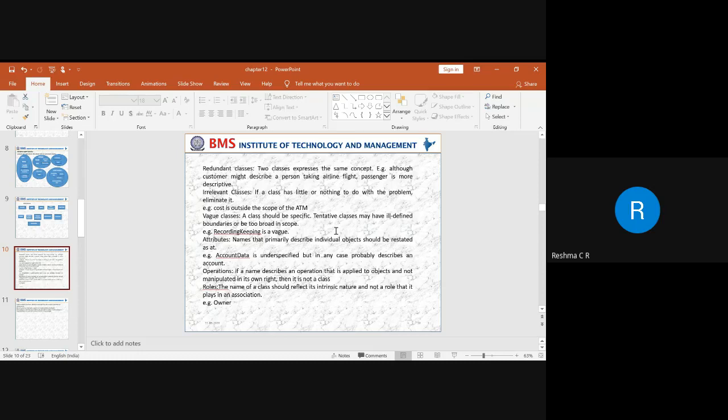When a customer wants to make a transaction, it depends on which ATM station he is making the withdrawal at. All these things have to be recorded in the bank consortium as well as in his own bank. So record keeping becomes vague, and we need to try to eliminate these kinds of class names.